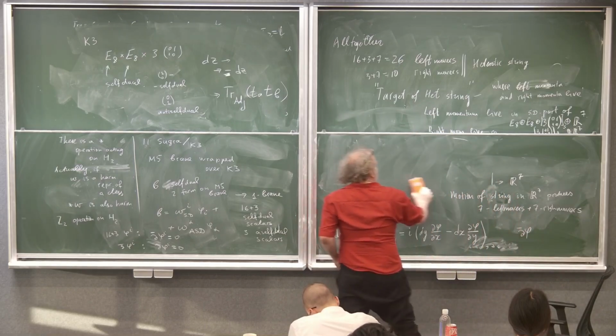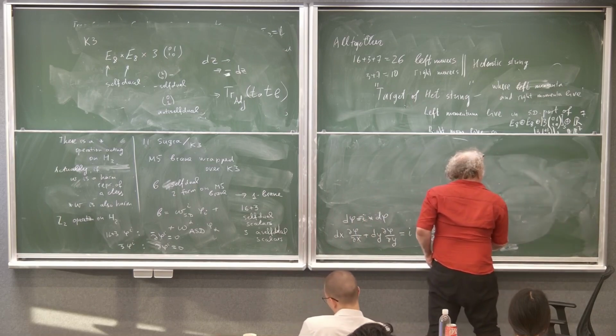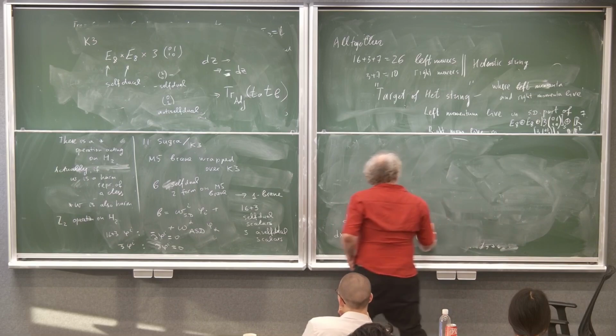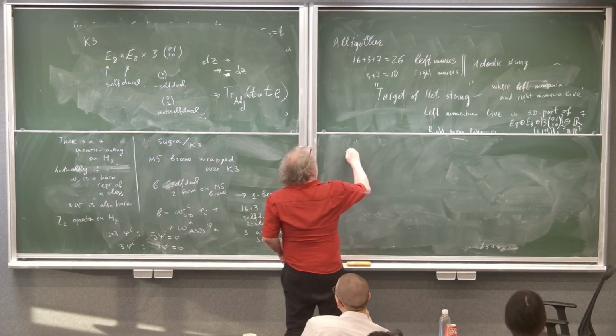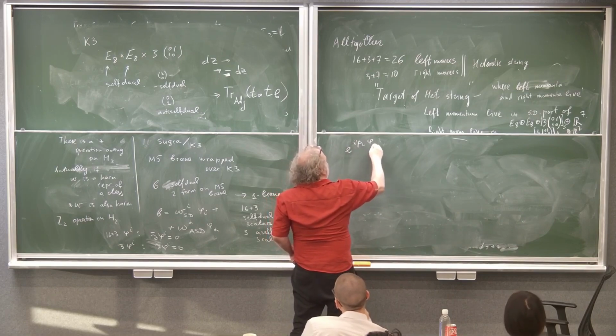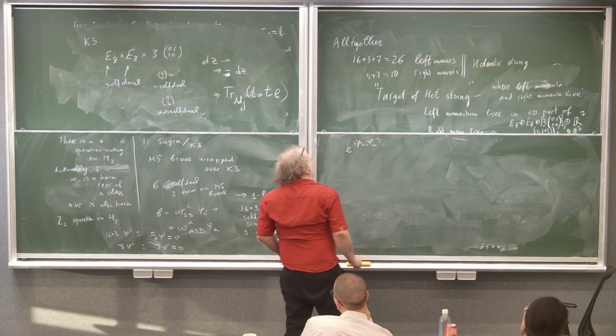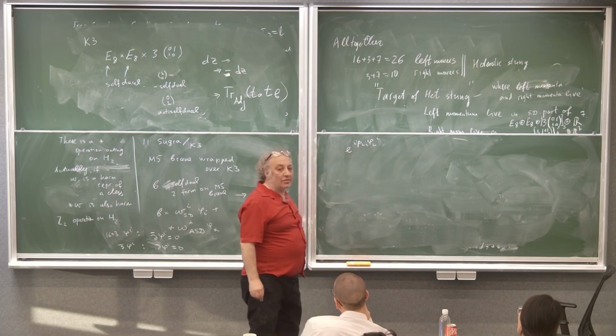So it's not for everybody. There are vertex operators of this type, where phi is a left moving scalar.